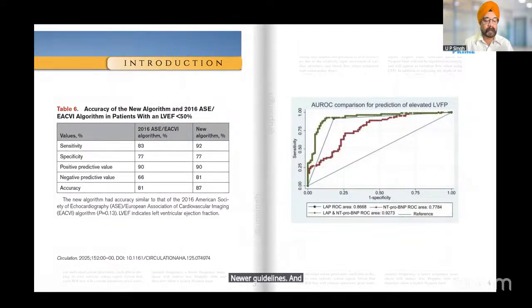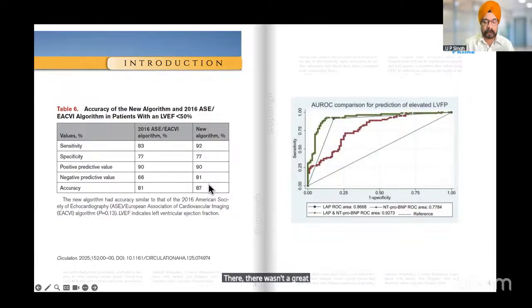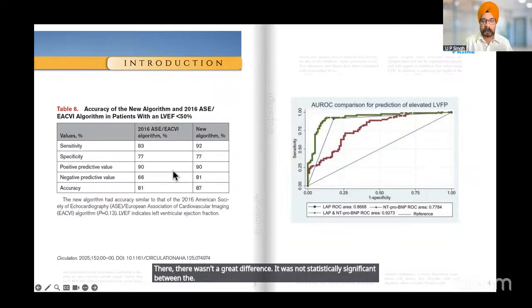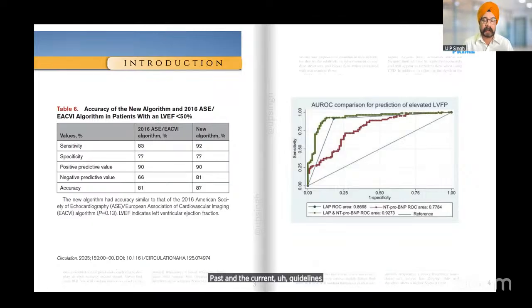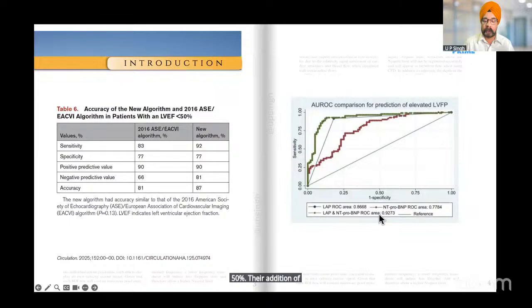And for accuracy, if you talk about patients who had an ejection fraction on the lower side, that is heart failure with reduced ejection fraction, there wasn't a great difference. It was not statistically significant between the past and the current guidelines. So the difference was in patients who had an ejection fraction more than 50%. The addition of NT-proBNP really improved this green line, improved the area under the curve.